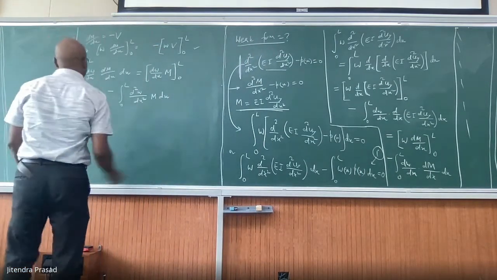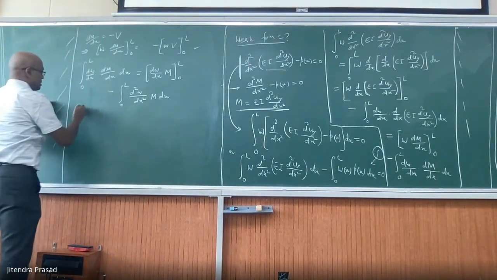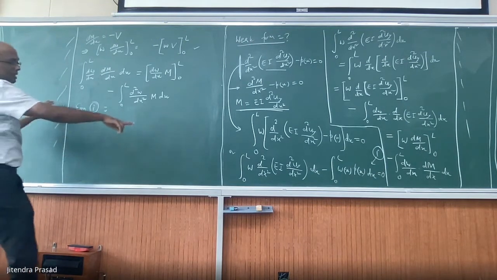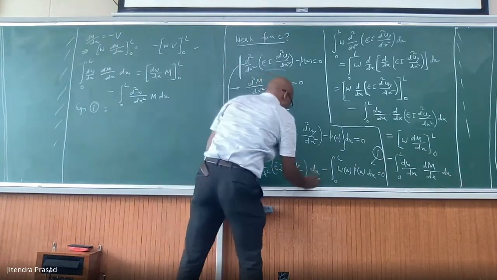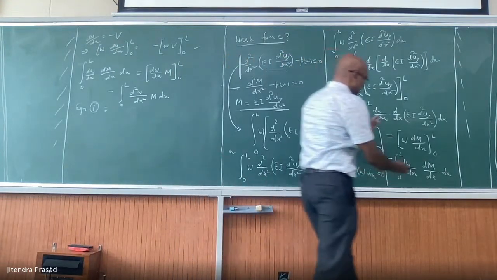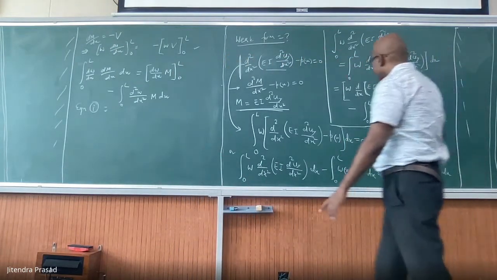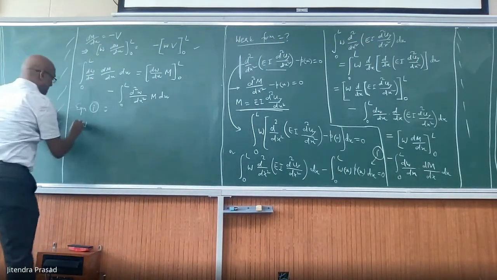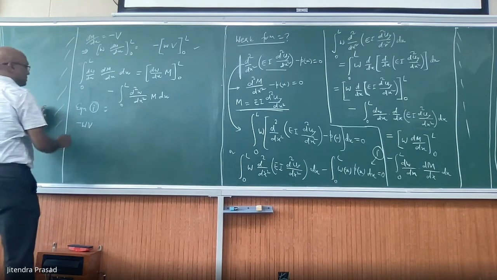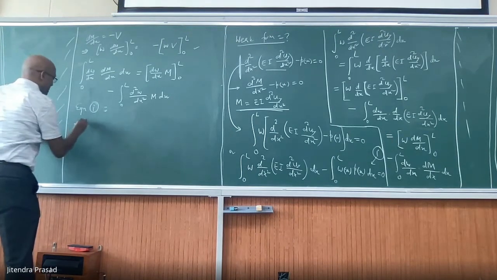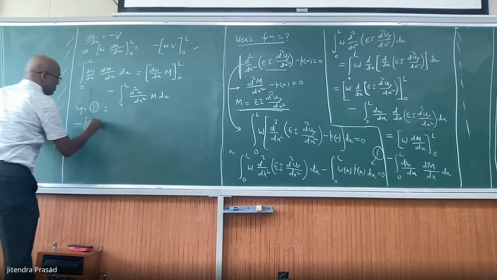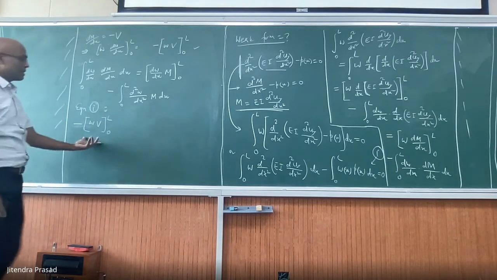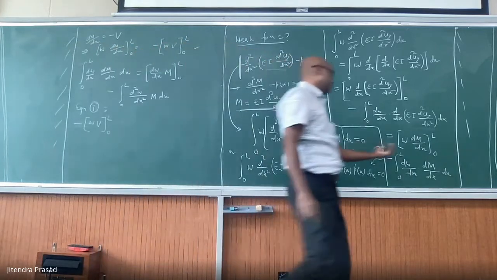Rewriting equation number 1. The whole thing here is equal to this thing, where this is equal to W. So we write first W multiplied by minus V, so minus w V from L to 0, right? This is this one.